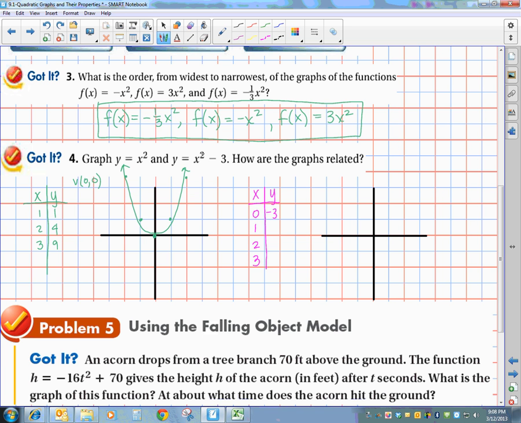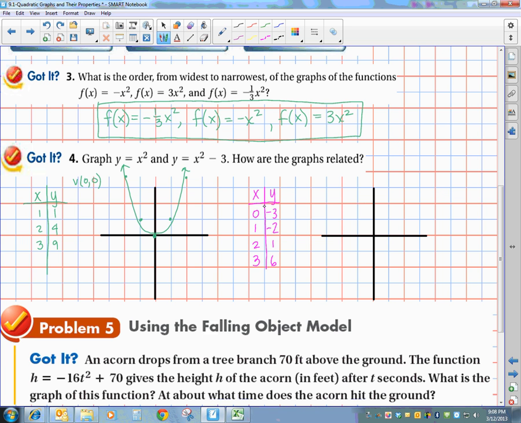If you put in 1, 1 squared is 1, minus 3 is negative 2. If you put in 2, 2 squared is 4, minus 3 is 1. And plug in 3, 3 squared is 9, and 9 minus 3 is 6.